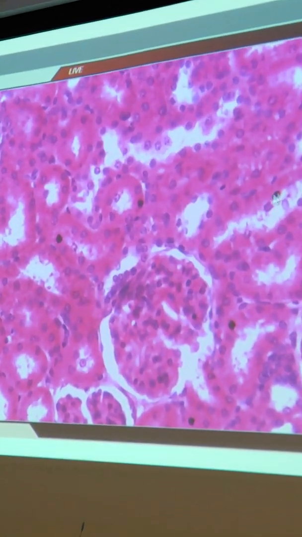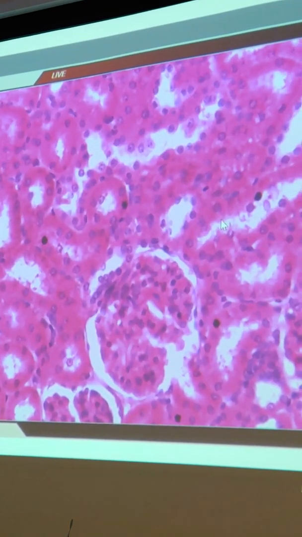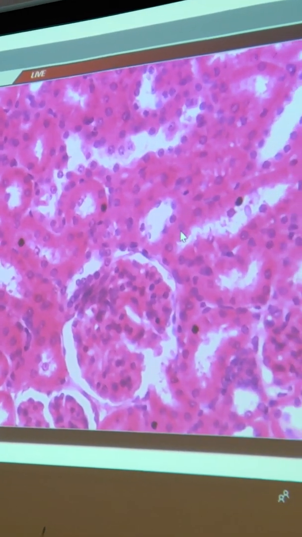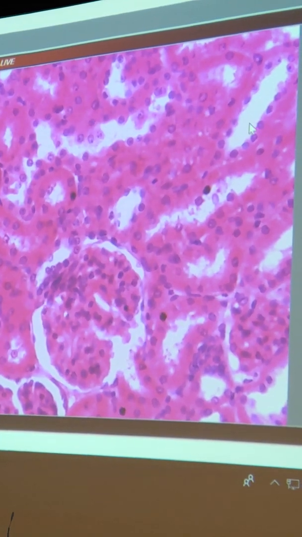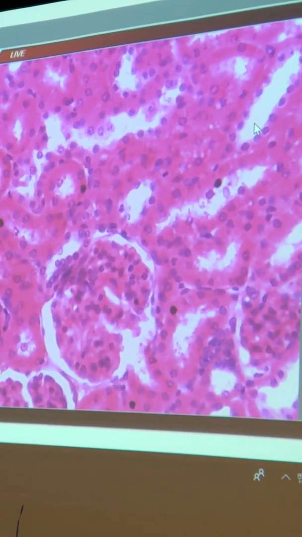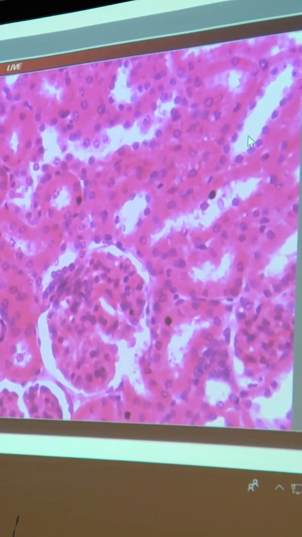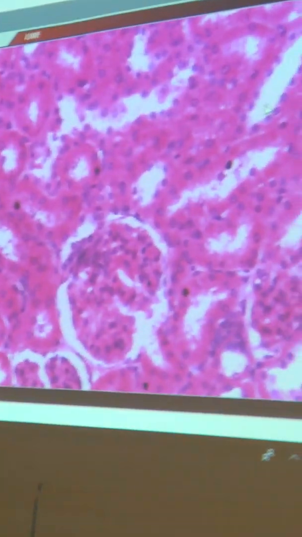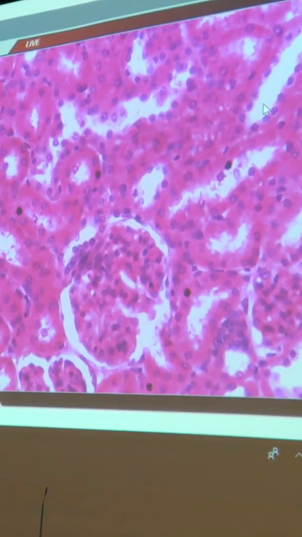Now this guy here is a proximal convoluted tubule. Look at the garbage in the lumen. Okay. Now let me give you a comparison. Here is a distal tubule. After it's already been through most of the nephron, all the stuff's been taken out. So there isn't any garbage left, pretty much.